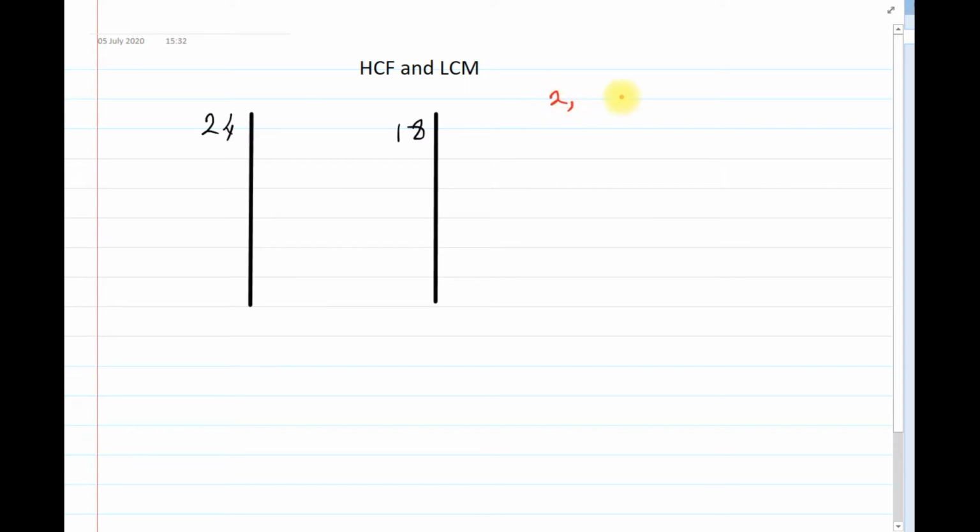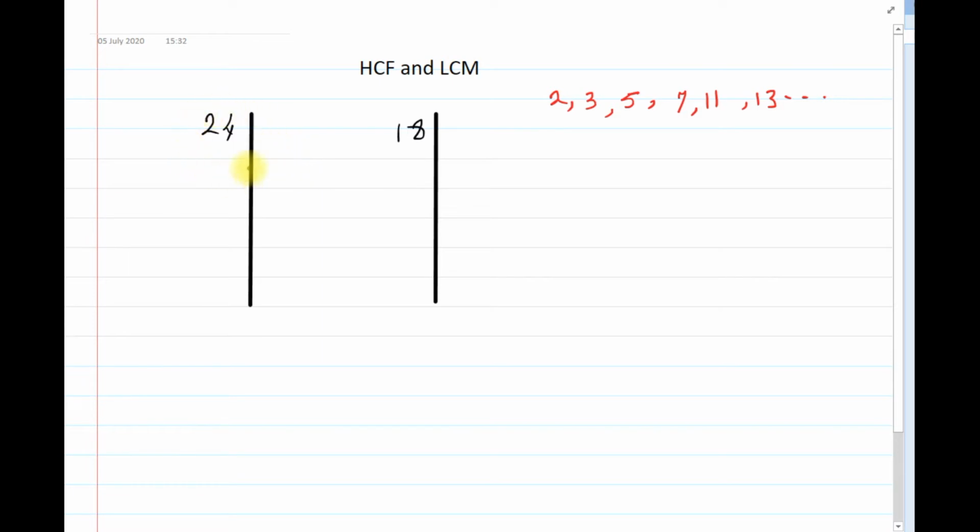The first few primes are 2, 3, 5, 7, 11, 13, and so on. They go on forever, but we need not bother about that. For the purposes that we'll be using here, we've got enough.